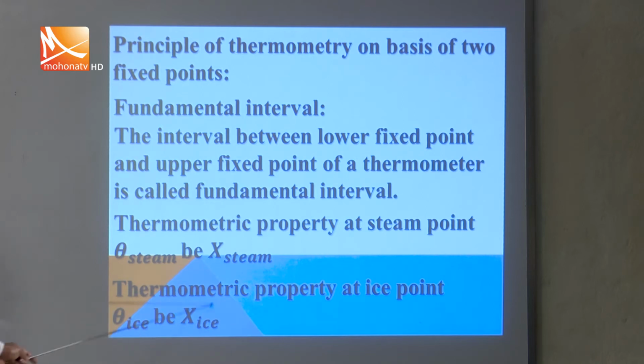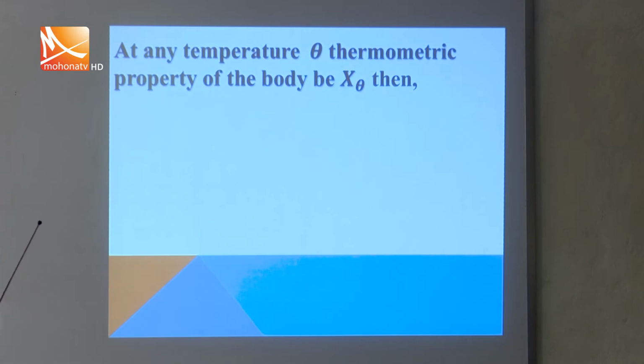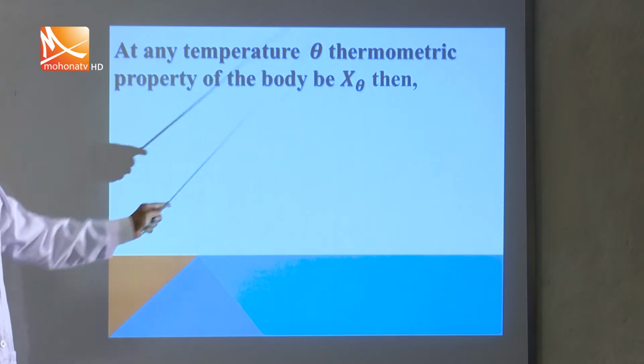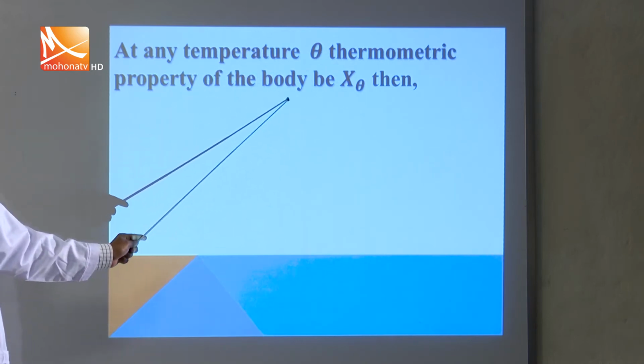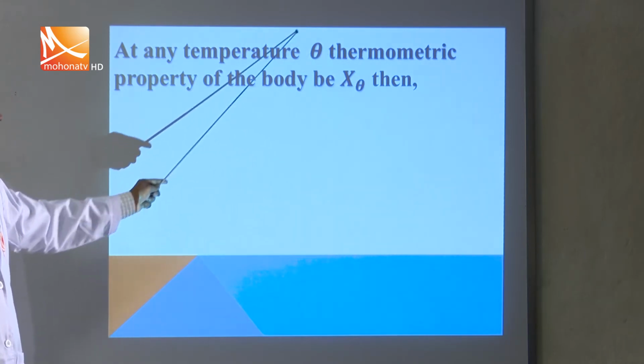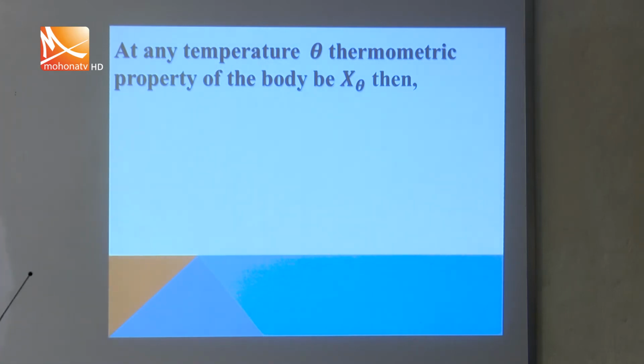Now we have to establish the relation for the unknown temperature by using two fixed points. So let us consider any temperature theta, where the thermometric property of the body x theta is known to you and theta is unknown.